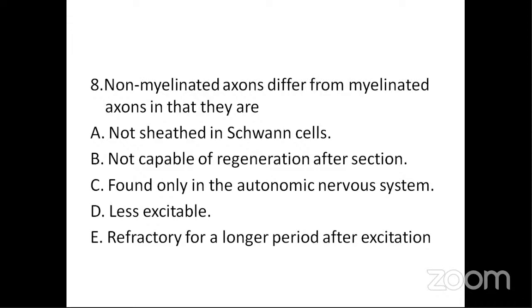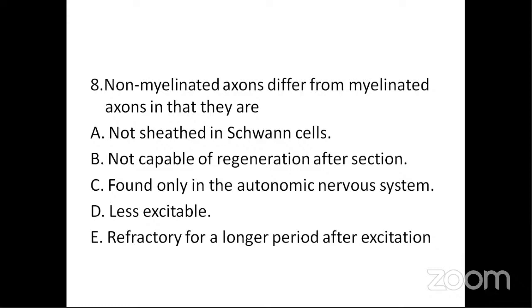Non-myelinated axons differ from myelinated axons in that they are not sheathed with Schwann cells. It is false, because both types have Schwann cells. Both myelinated and non-myelinated axons have Schwann cell sheaths.